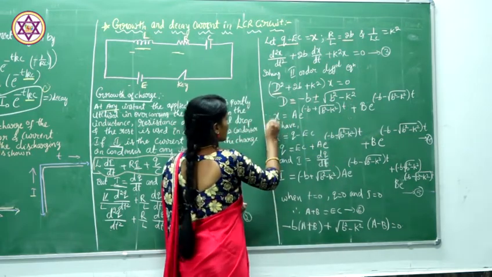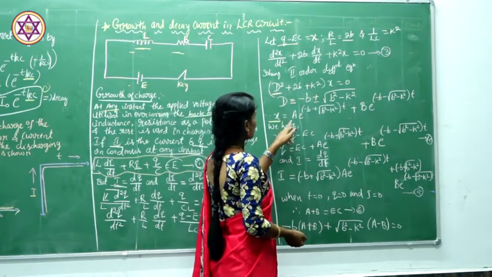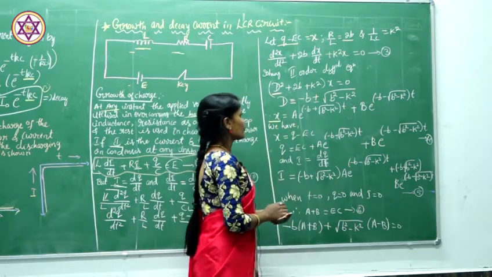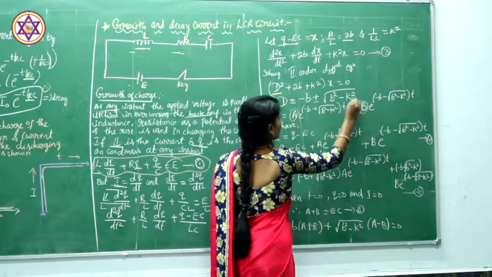Therefore x is equal to a·e^((−b + √(b² − k²))t) + b·e^((−b − √(b² − k²))t), where a and b are constant values.